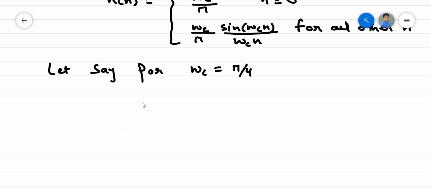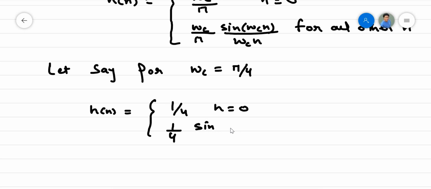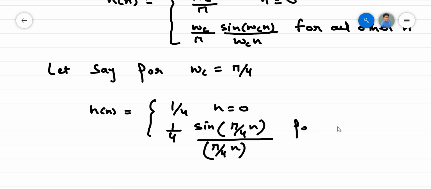For this particular omega, if we want to plot this case, then with omega c equal to pi by 4, h[n] will be equal to 1 by 4 at n equal to 0, and 1 by 4 times sine pi by 4 n over pi by 4 for all other n.